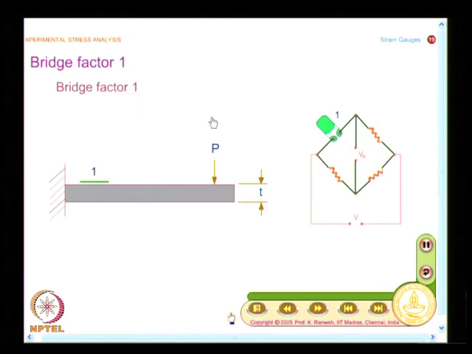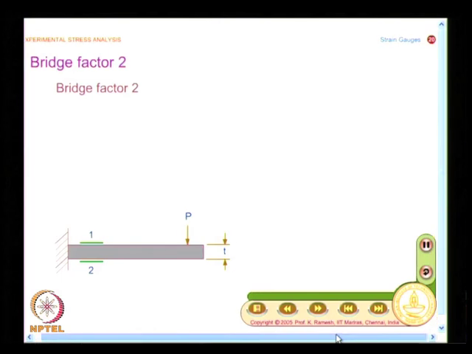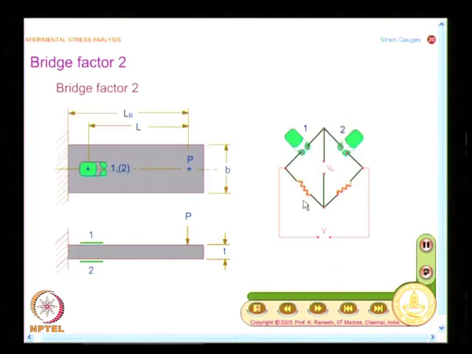and this is good enough for strain measurement, but when I go for a transducer application, I always go for a full bridge for me to find the maximum signal, and here I have a bridge factor of 2, and you bring in your understanding of solid mechanics here. What is done here? Suppose I connect strain gauges on the top surface and bottom surface to opposite arms, what would happen?